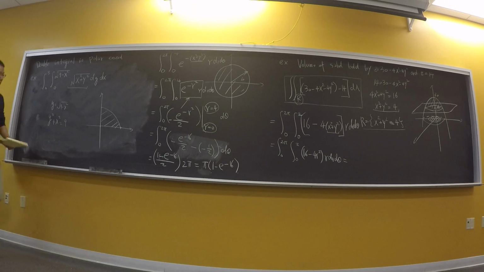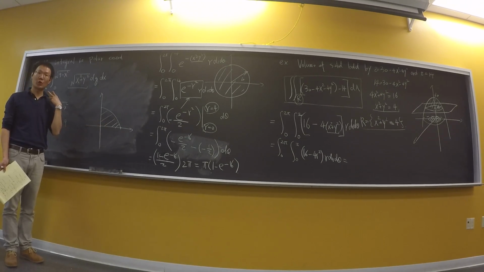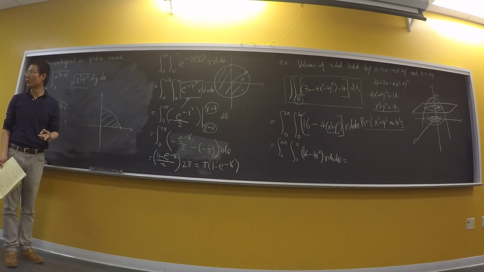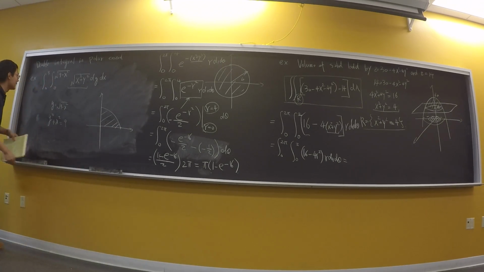And then I need to identify this as a polar region. If I want to identify this as a polar region, I need two angles and two radii. So the two angles here are from 0 to pi/2, right?